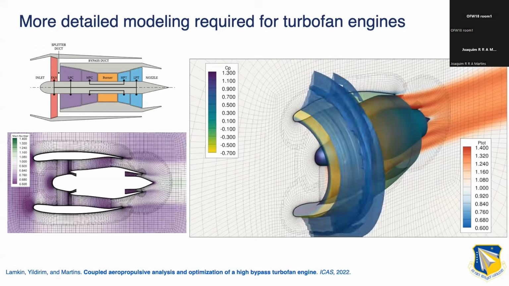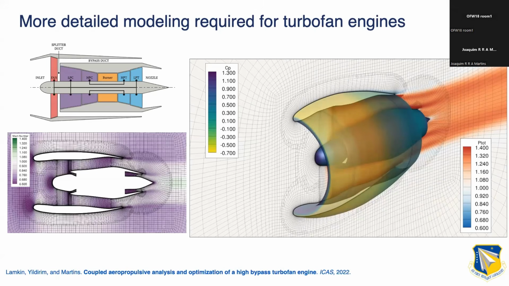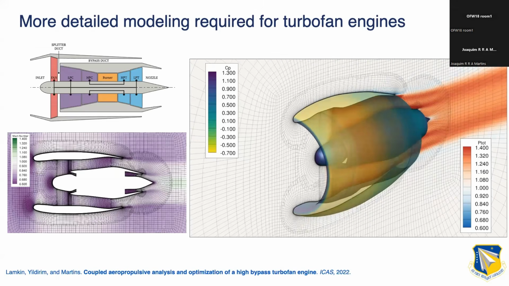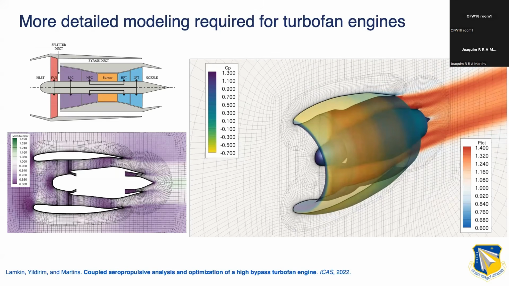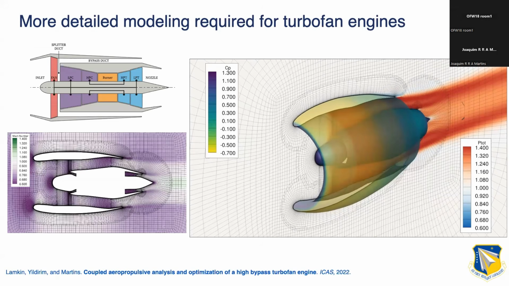So turbofans, you have a thermodynamic cycle happening there. You got the combustion that we don't model right now, but we have a thermodynamic cycle code coupled to the CFD. And all these are being optimized simultaneously and getting a feasible and optimal result there. A really tricky, very nonlinear coupling here and challenging to solve. We just recently succeeded in that.